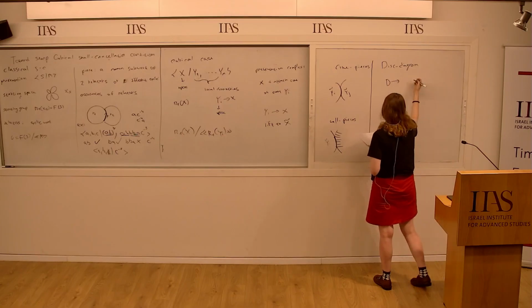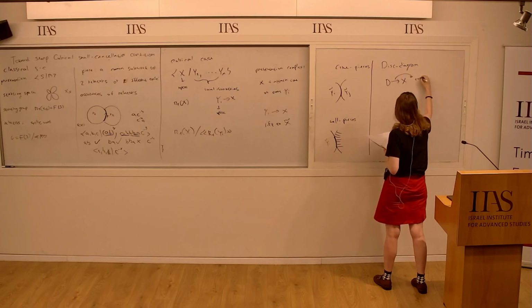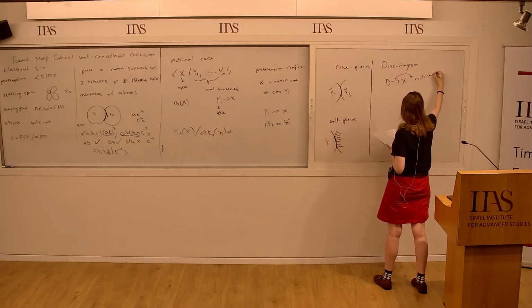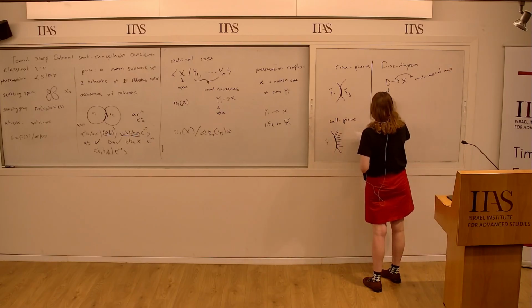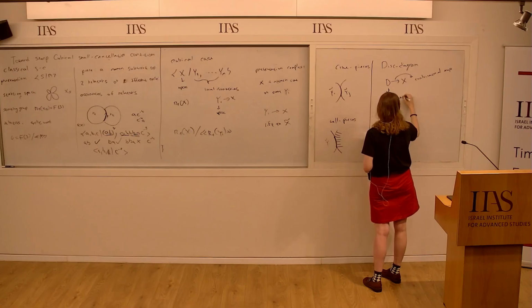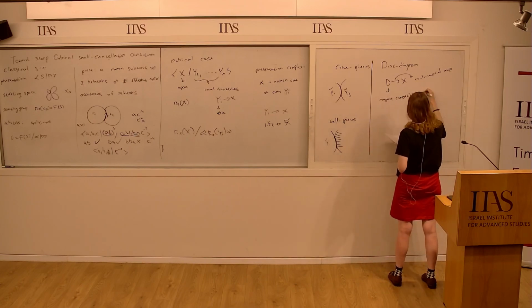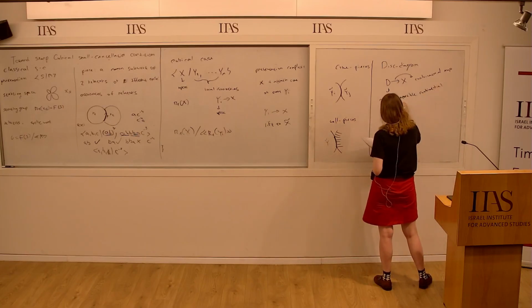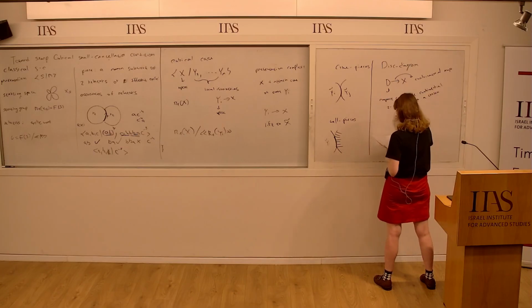So we have a combinatorial map from D to X. And D is a compact, contractible combinatorial complex with a chosen planar embedding.